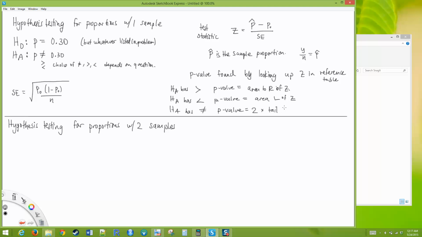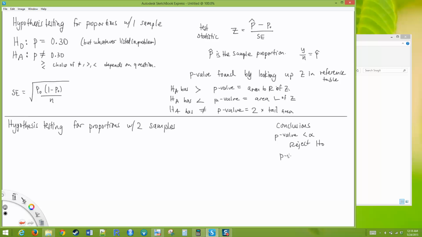The tail area is always going to be less than 1/2. So if you look up your value in the Z table and you get a positive value greater than 0.5, you're going to subtract from 1 first and then multiply by 2. And then your conclusions will be, if your p-value is less than alpha, reject the null hypothesis.